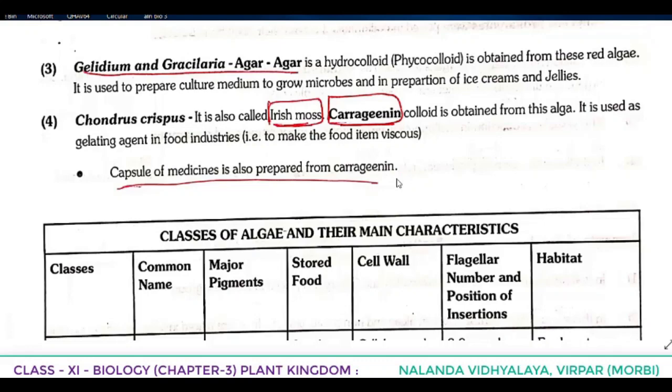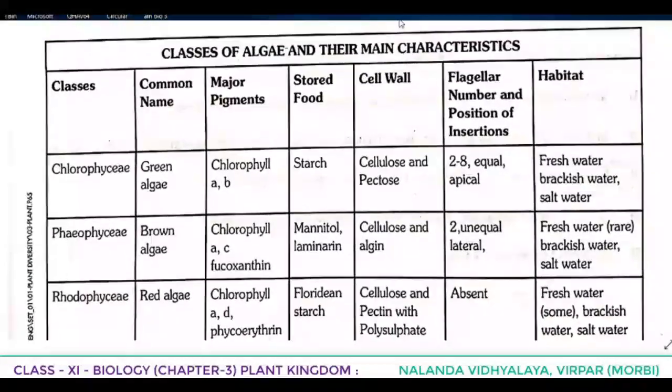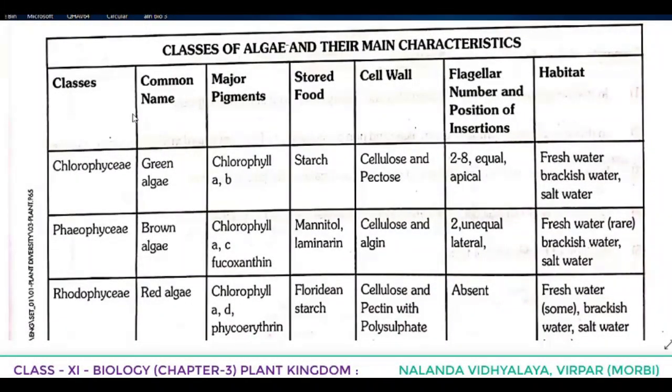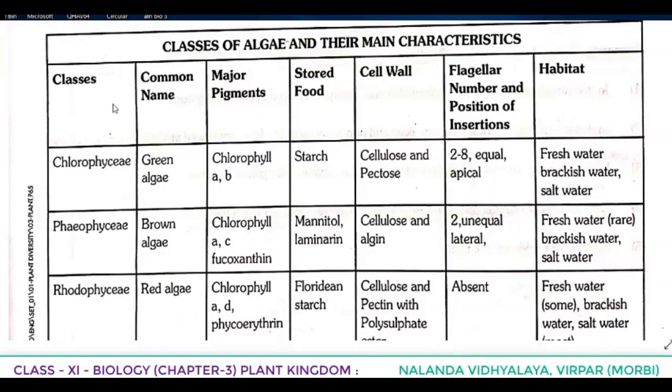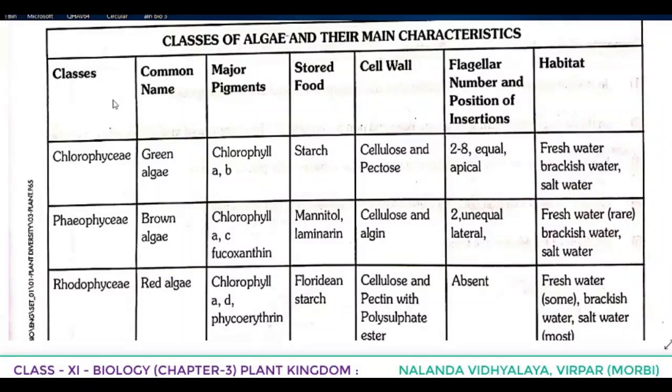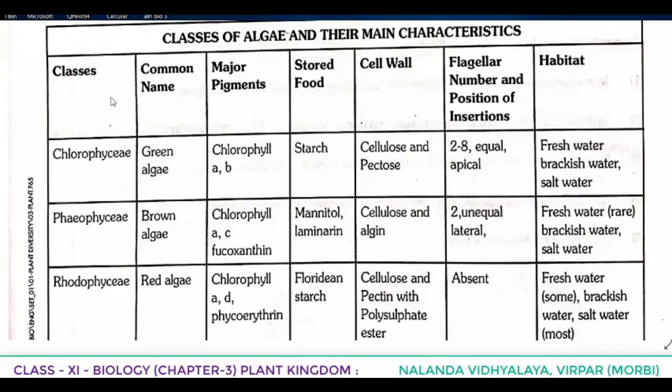Classes of algae and their main characteristics. So till now we have discussed all the three classes of algae: first, Chlorophyceae; second, Phaeophyceae; and the third and last, Rhodophyceae. Now a table is given that we have to understand in short. Classes: Chlorophyceae, Phaeophyceae and Rhodophyceae.